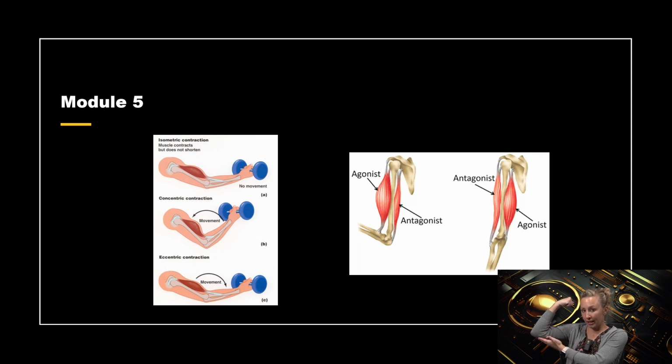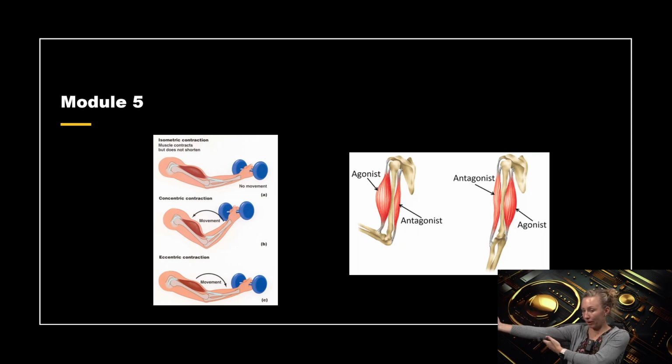Conversely, on the other side, this is going to be our triceps, which is eccentrically contracting, which is lengthening. The muscle that is shortening in that motion is the agonist. So in elbow flexion, the agonist is the biceps, and the antagonist, which is eccentrically contracting on the other side, is the triceps.